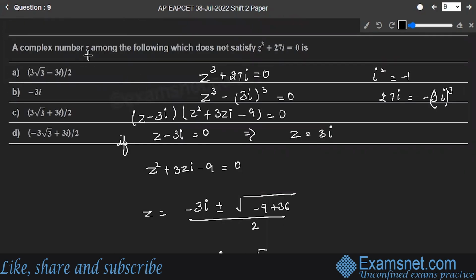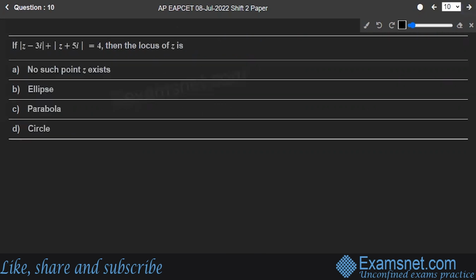So a complex number z among the following which does not satisfy this equation is, see, over here I have options. See, all the options are not satisfying this equation except option A. So I think this question is which satisfy this equation. A complex number z among the following which satisfy this equation is option A, right?